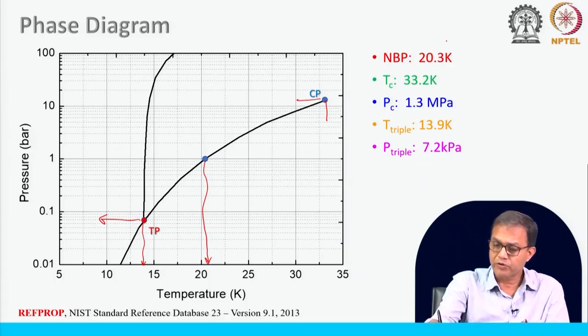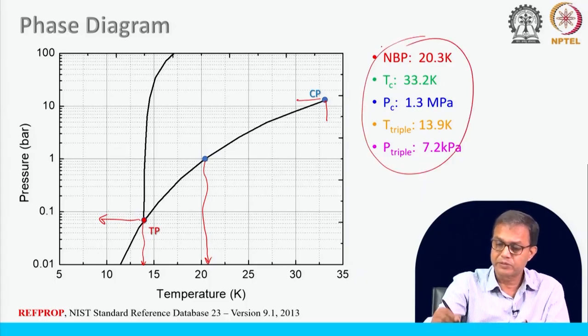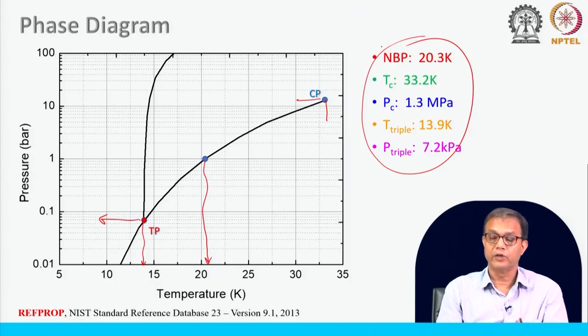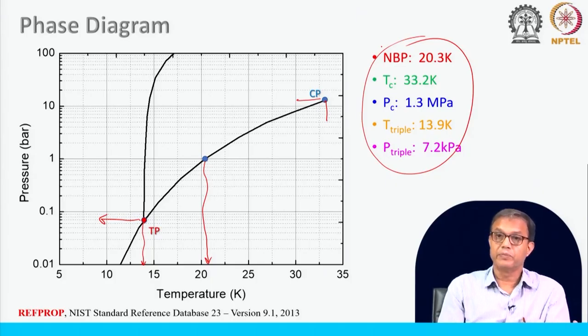So, we will try to remember these numbers, so that we can easily distinguish, if we state the temperature and pressure for gaseous hydrogen or vapor hydrogen, whether it is in the vapor state, the gaseous state or the liquid phase, and sometimes both of it.